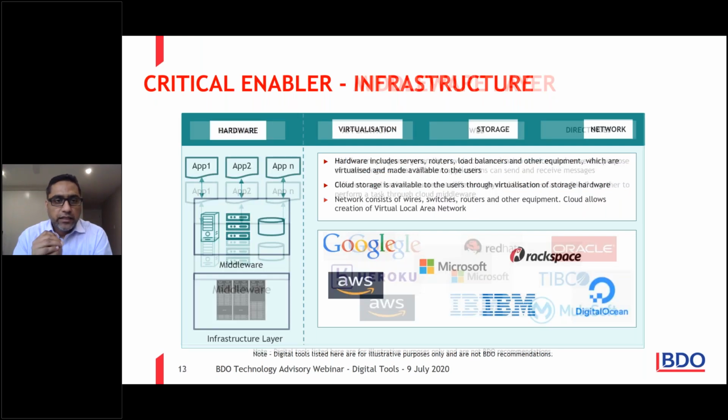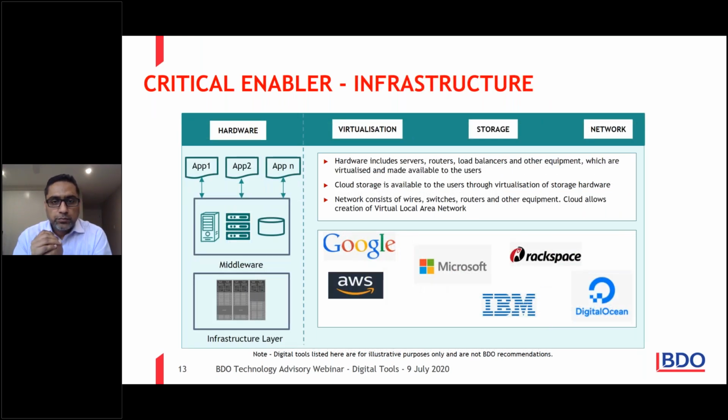The next one is around the infrastructure piece, which is where it gets down to the hardware where all of these things are sitting, with the virtualization, the storage, and the network that you're using. We touched upon each one of them in great detail in our previous webcast.